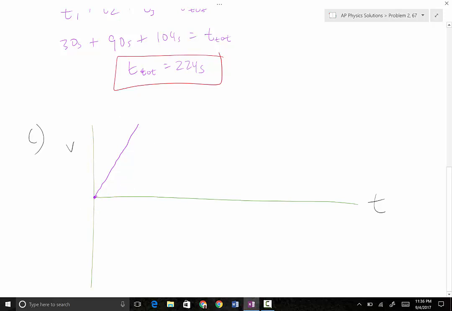But it's still going to travel in the positive direction. It travels in the positive direction, reaches 0, and then moves in the negative direction until we get something like that. So that's what my velocity versus time graph would look like.